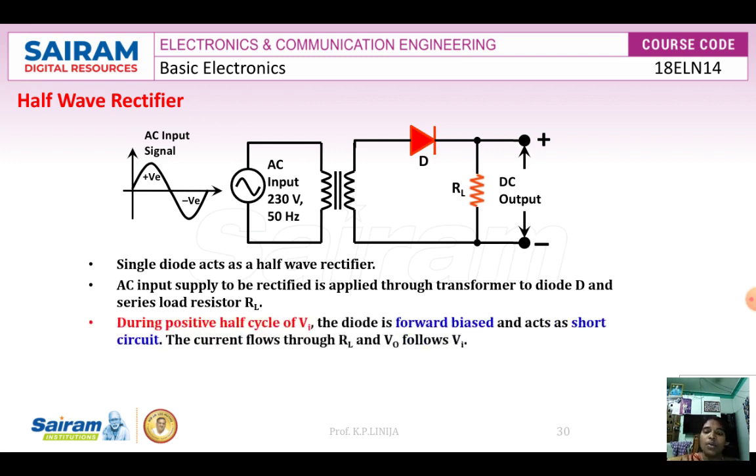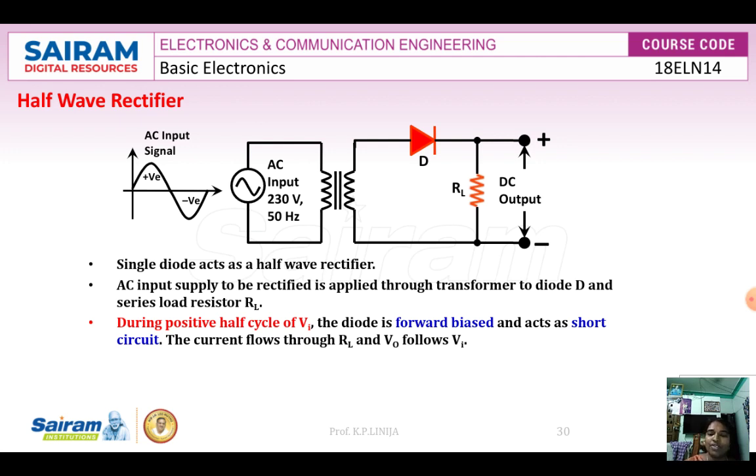Now what happens? First the positive half cycle is applied to the transformer. During the positive half cycle of input Vi, the positive cycle is given to the P type, the positive terminal of the diode. So the diode gets forward biased.